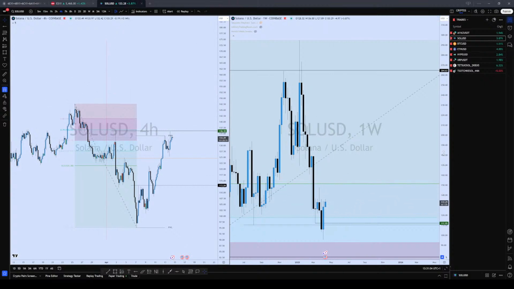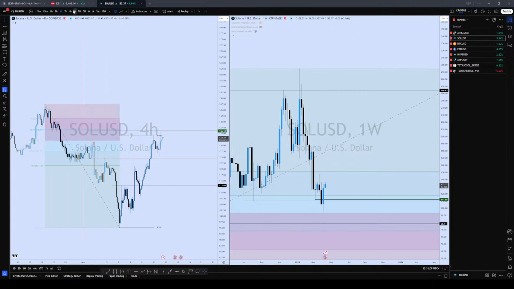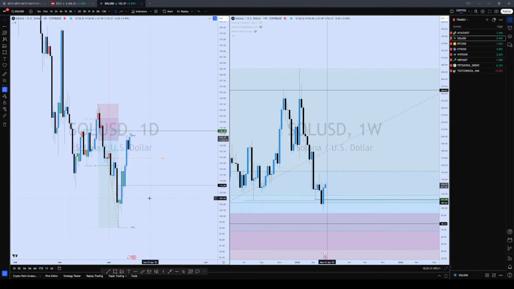Reversal, no, I don't see that still. Not the way the daily is behaving. So we are still bearish regardless of what's happening now. We could go up there and then reject and come back down again.